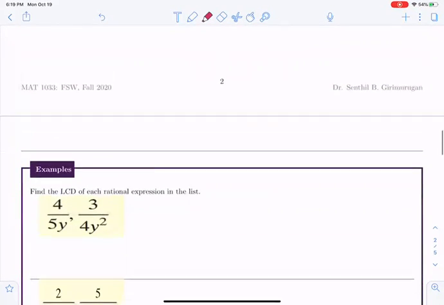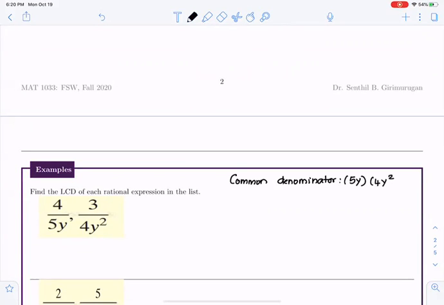So now we have to come up with the least common denominator of each rational expression in the list. Now, keep in mind, a common denominator is simply 5y multiplied by 4y squared, which would be 20y cubed.